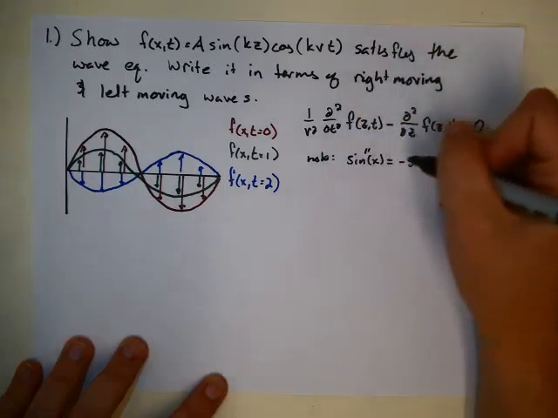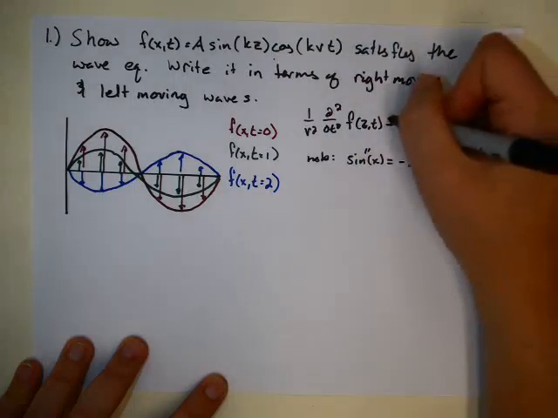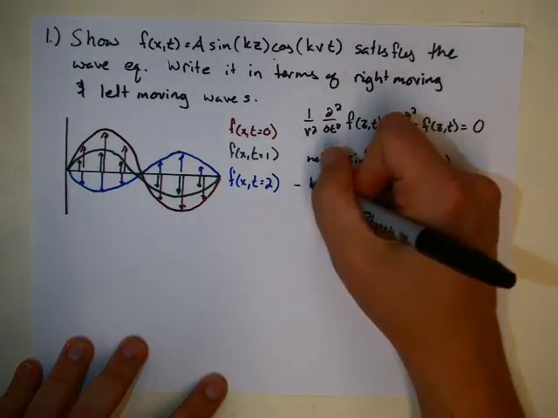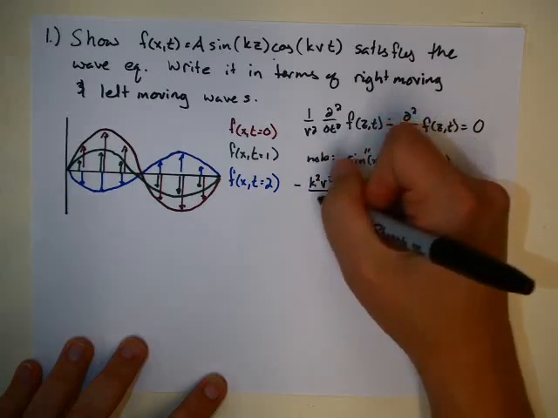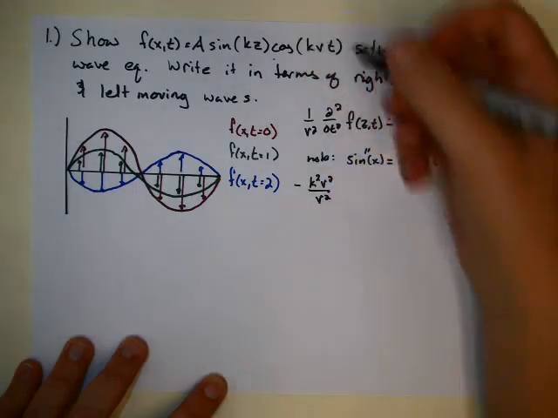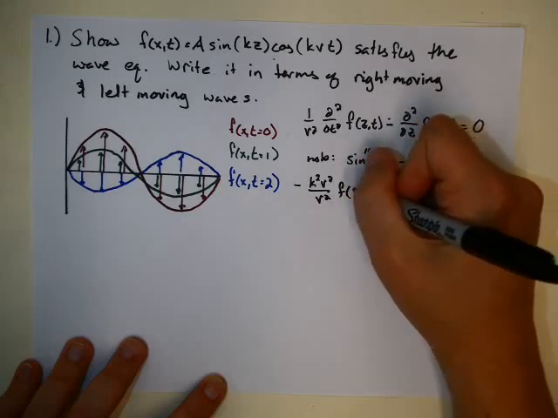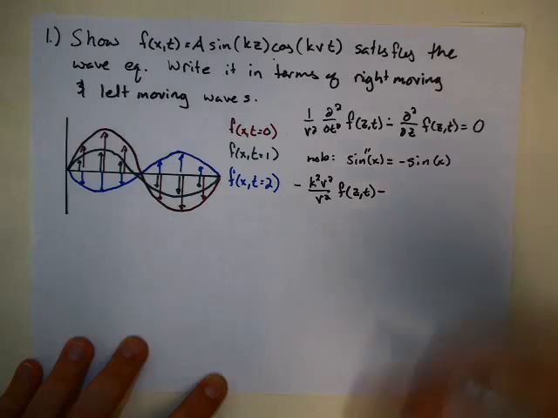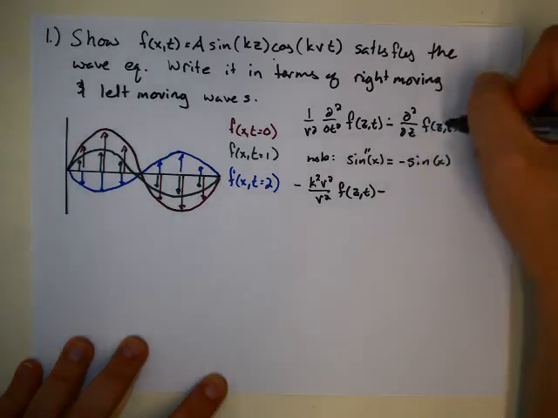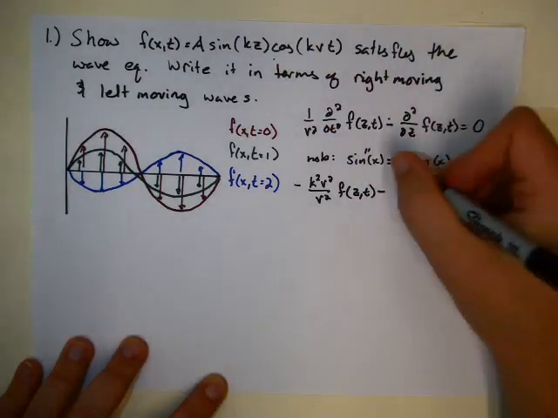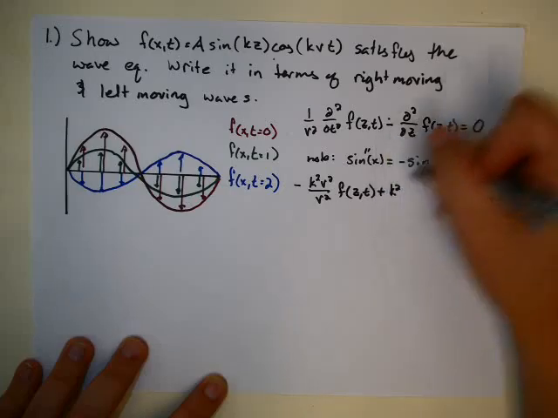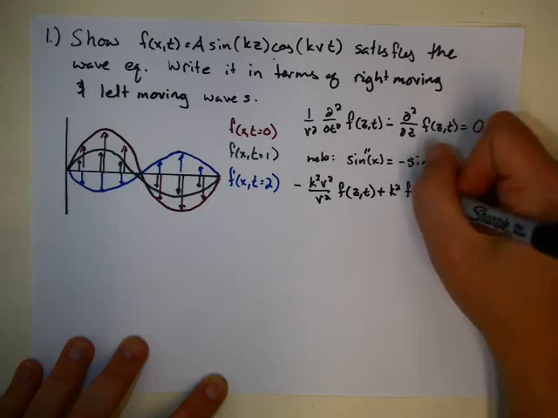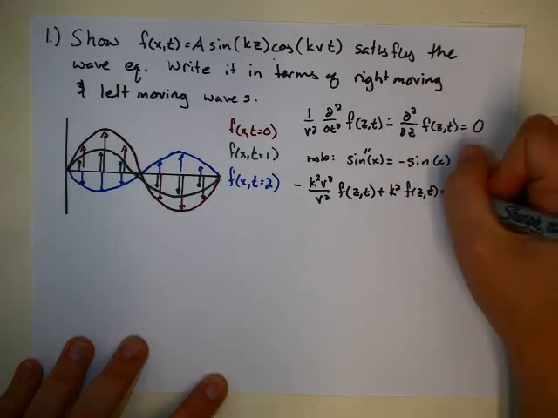So writing that down, plugging this equation into that differential equation, I'm going to get minus k squared v squared over v squared times f of z and t, and then minus, this is the derivative with respect to z, so I'm going to pull out the k twice, k squared, but the minus there is going to give me a plus, times f of z and t.